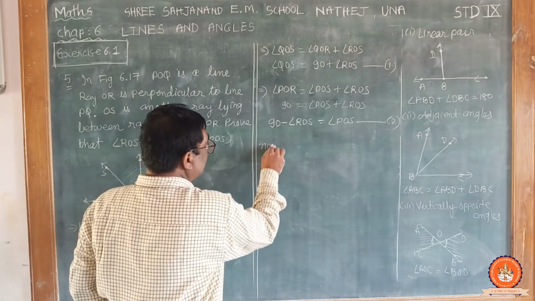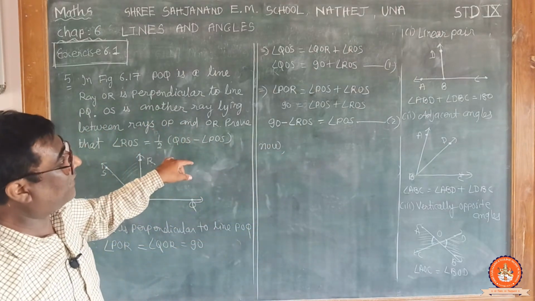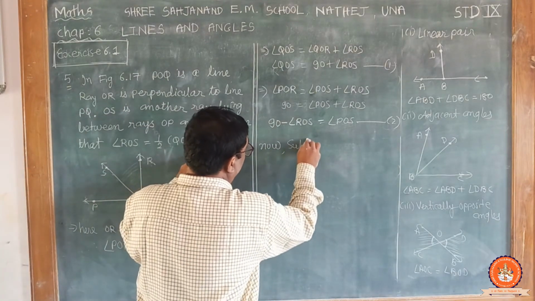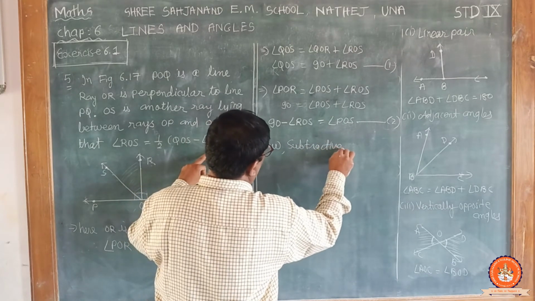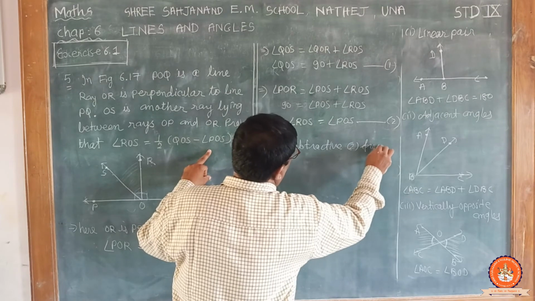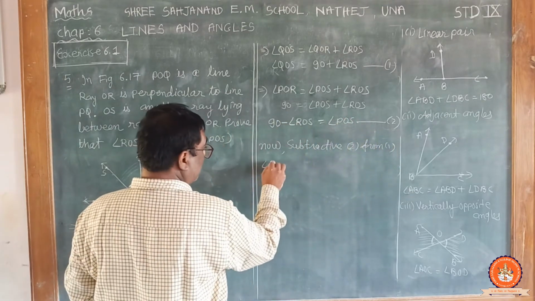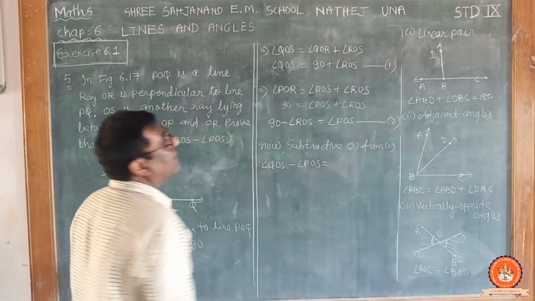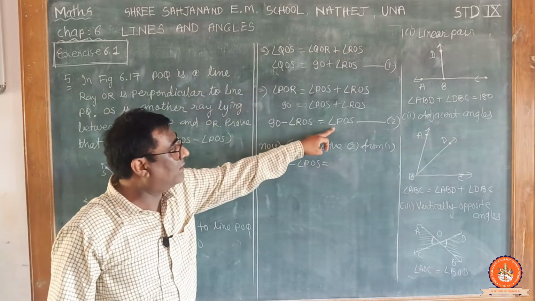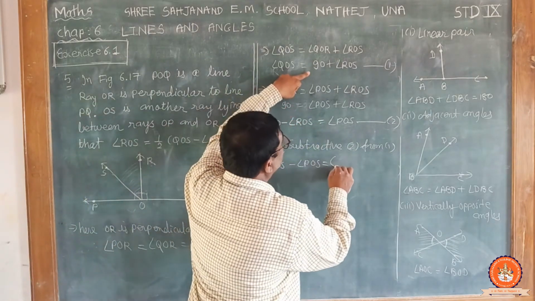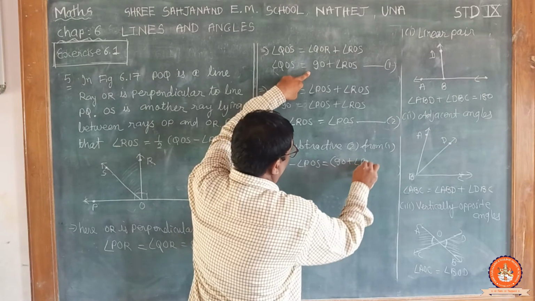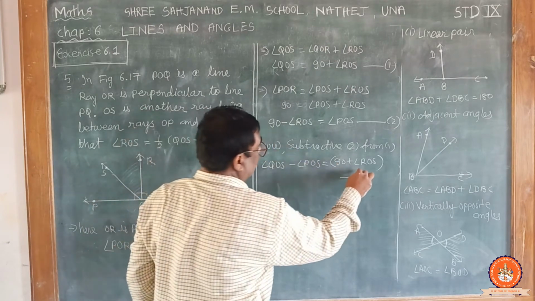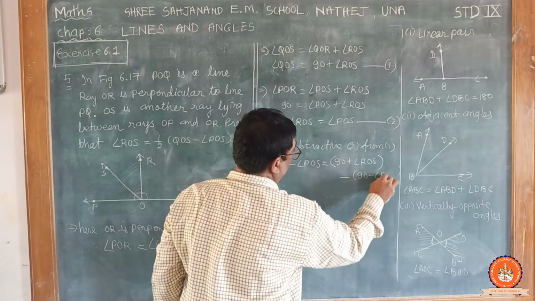Now we have to subtract 2 from 1. Okay, so angle QOS minus angle POS is equal to the value of QOS, that is 90 plus angle ROS, minus the value of POS, that is 90 minus ROS.